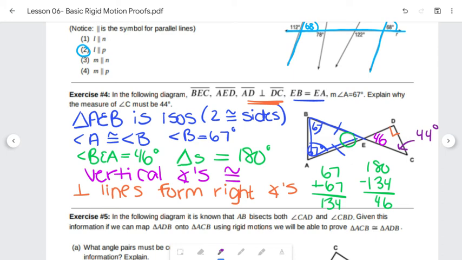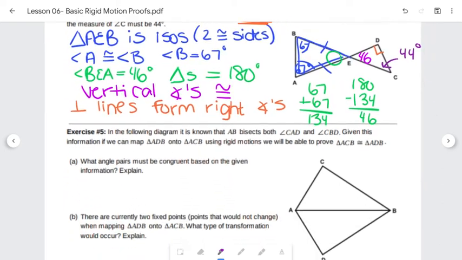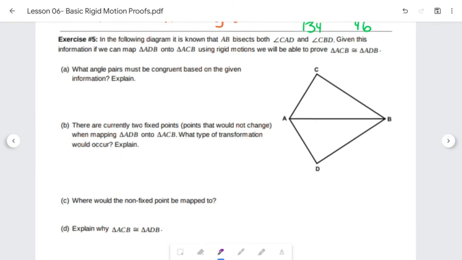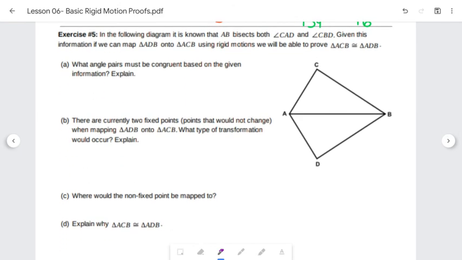Okay, again, you don't need perfect sentences or anything like that, but you do need to make sure you're stating the geometric properties that lead us there. Now, one other thing we're going to use to explain here is show what other kind of things rigid motions can do. So in the following diagram, it is known that AB bisects both angle CAD and angle CBD.